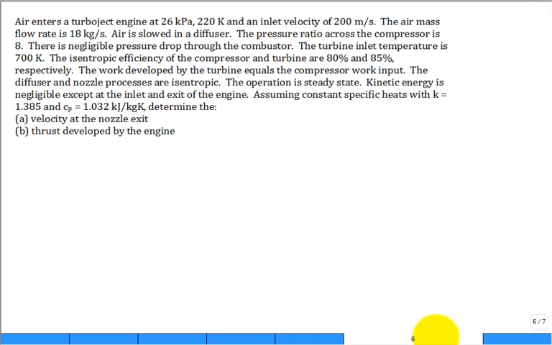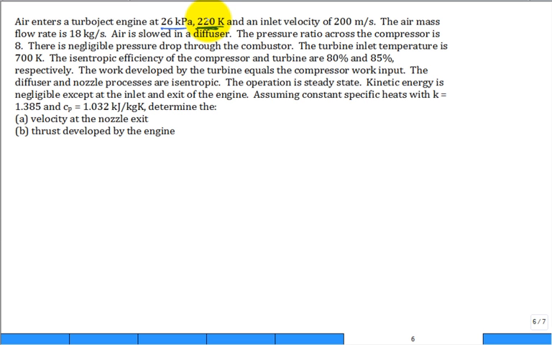First of all, it'll take us a while just to read the problem, won't it? So let's read it. Air enters a turbojet engine at 26 kilopascal and 220 K. Tell me a little bit about that pressure and that temperature. It's a low pressure and a low temperature. This is a turbojet engine flying at around 10,000 meters.